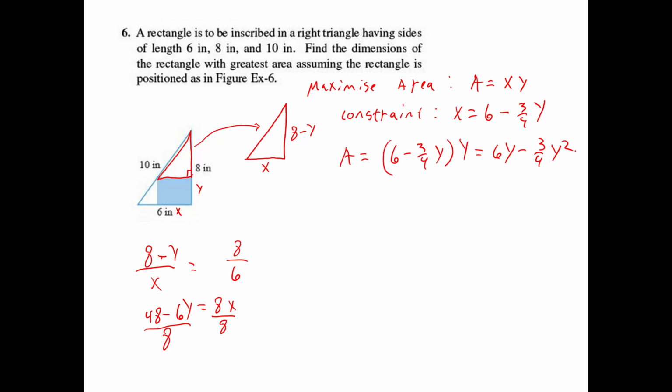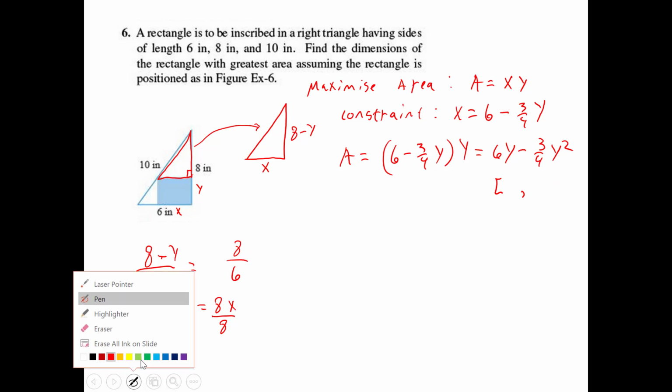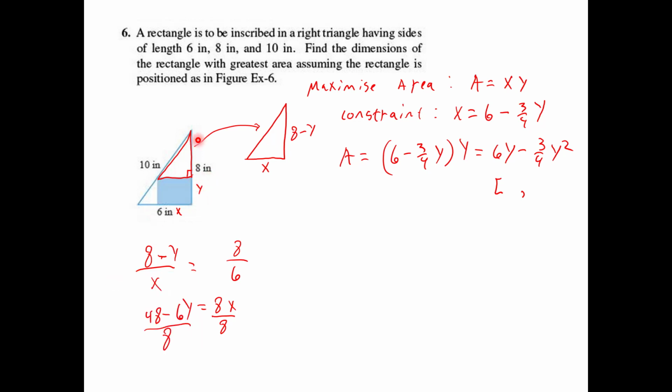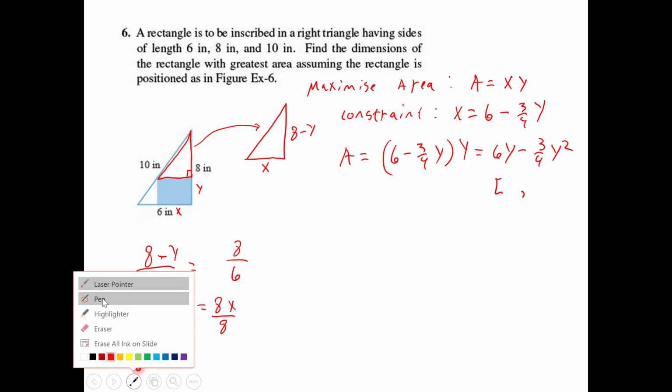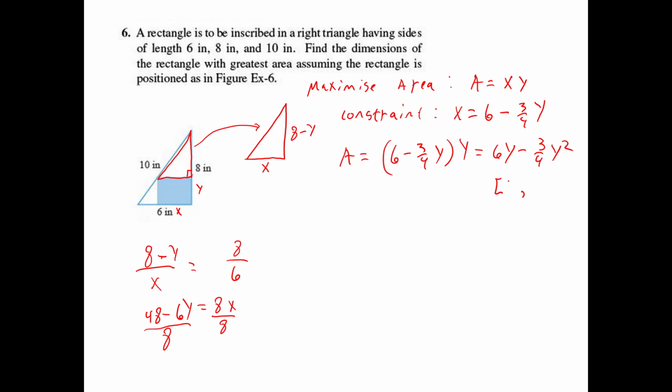Okay? And again, you should figure out over what interval, what values of y am I allowed. So y was the length of this side over here. And so you could see that you could use a y value of 0, or you could use a y value of 8. But again, when you use 0 or 8, the area of the rectangle that you make will be 0.